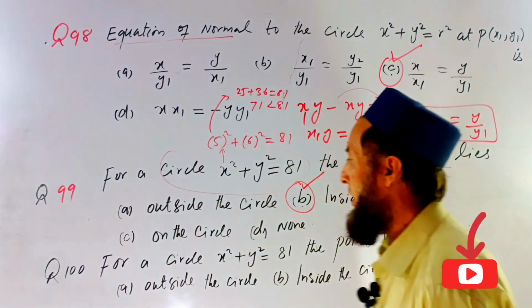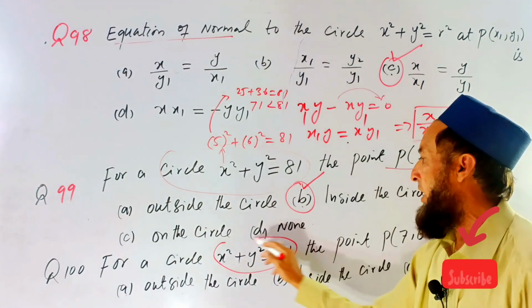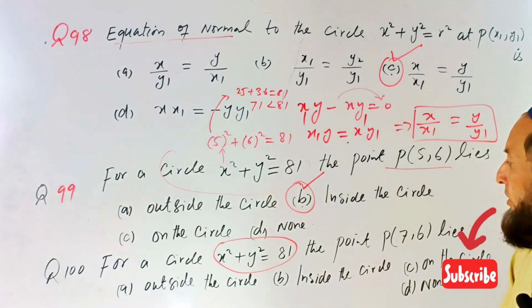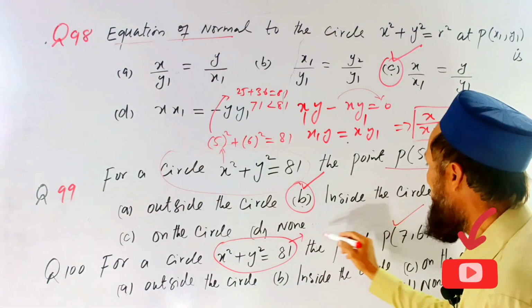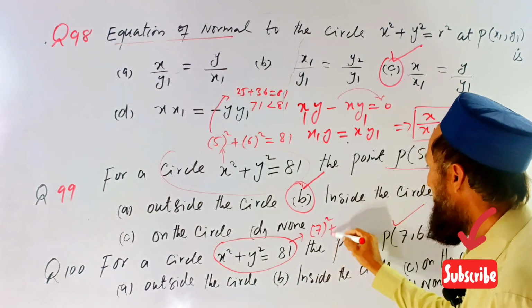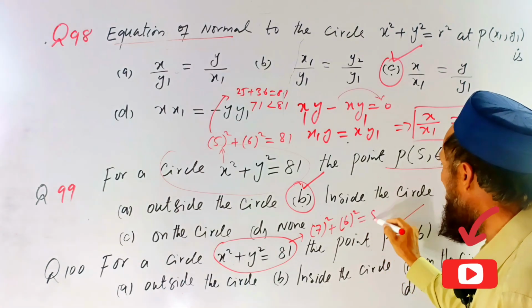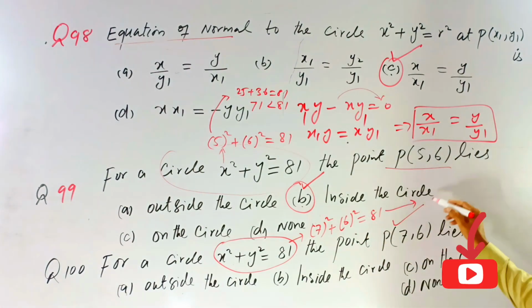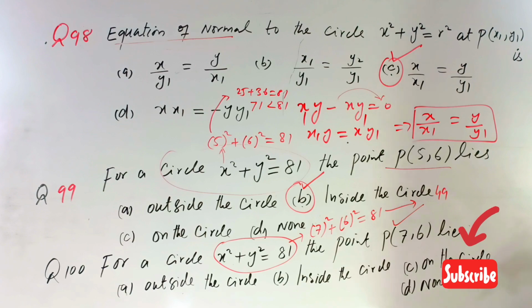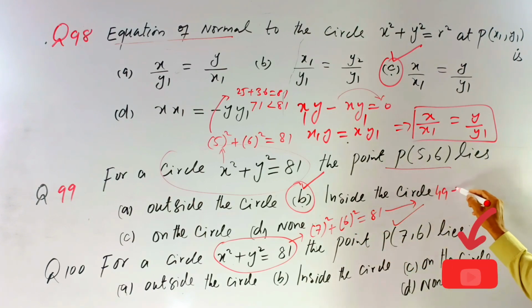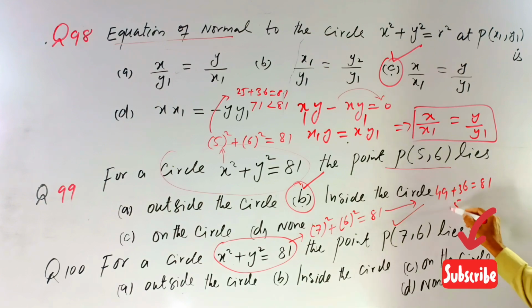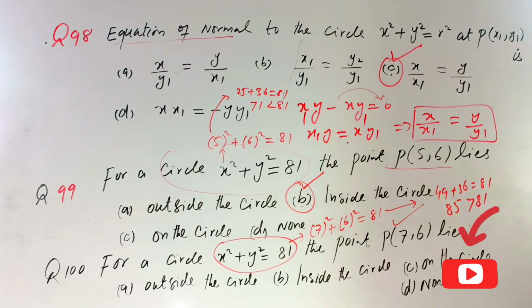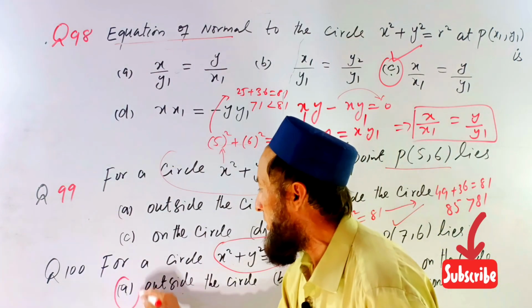Similarly, question number 100: for the circle x square plus y square equals 81, the point is given. In place of x we put 7 square plus 6 square, compared with 81. 49 plus 36 is equal to 85. 85 is greater than 81, so that point is outside the circle.